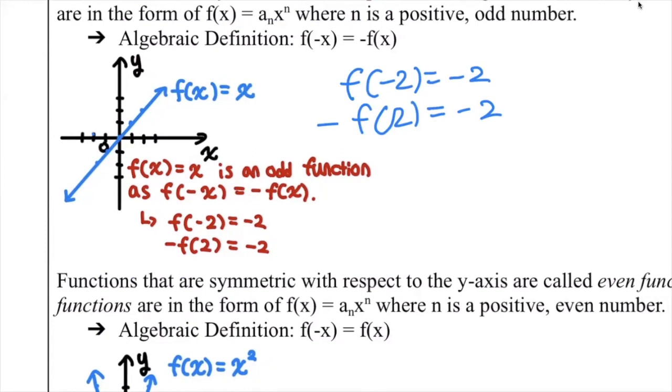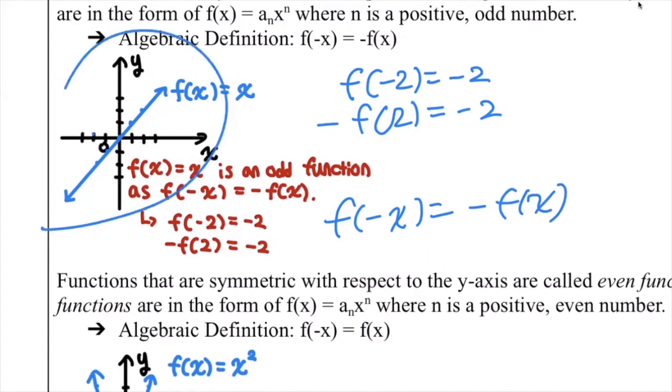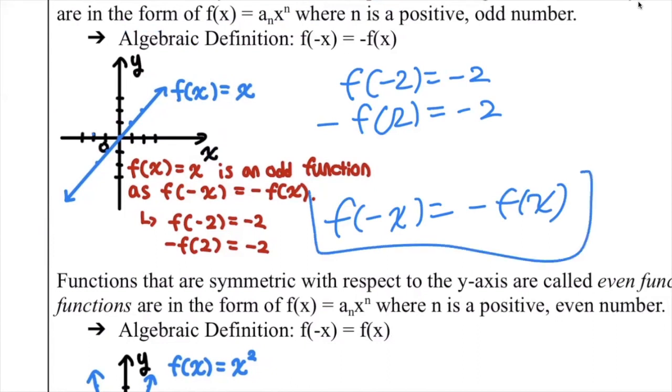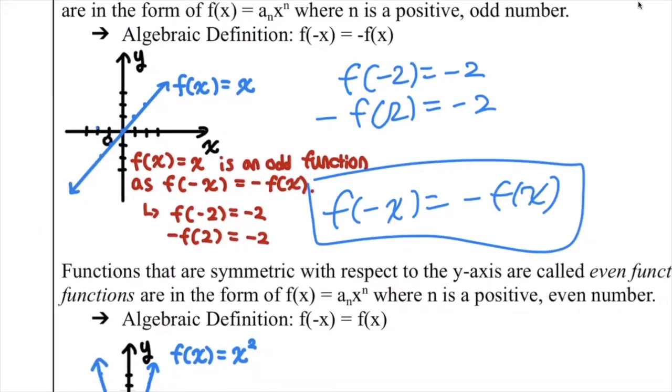Because f of negative 2 is negative 2, we can conclude that f of negative x is equal to negative f of x for odd functions only, as proven with this example. So if an unknown function follows this algebraic definition, we can conclude that it is an odd function.